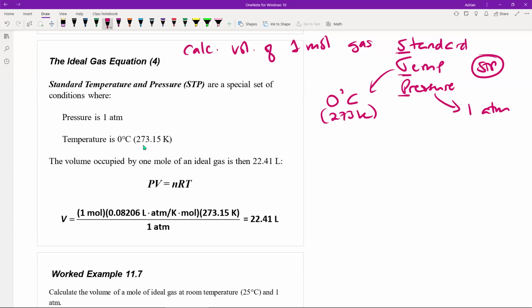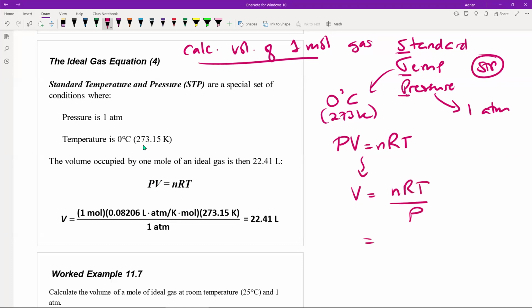So if we have those values, we can calculate the volume of 1 mole of a gas. So if we have PV equals nRT, I can rearrange this and solve for V. So V will be equal to n times R times T divided by P. Our n here is 1 mole, our temperature is 273 Kelvin, and our pressure is 1 atmosphere.